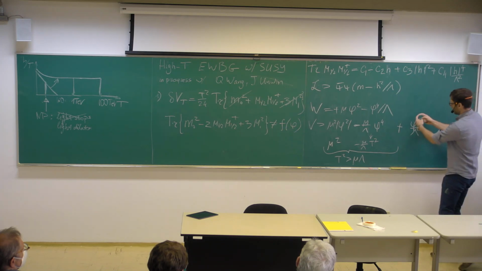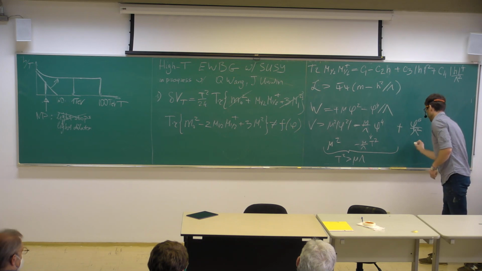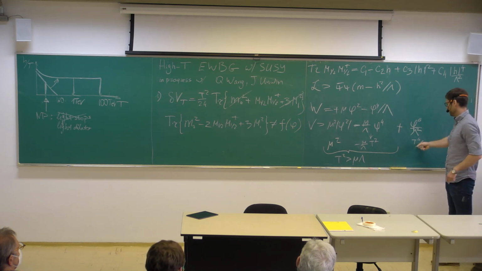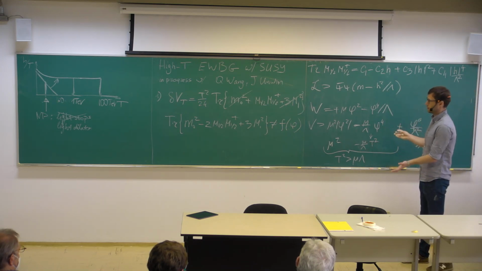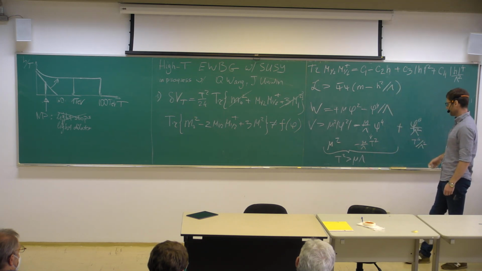So you need to contract the phi field twice, and you get something like T^4 over lambda squared. And this is positive. So your negative term, if you want to have symmetry non-restoration, has to exceed both this and that.